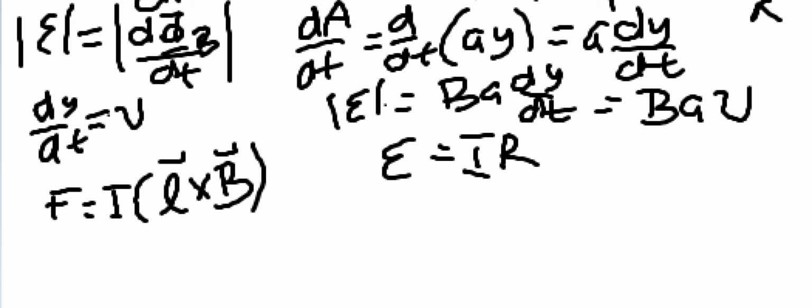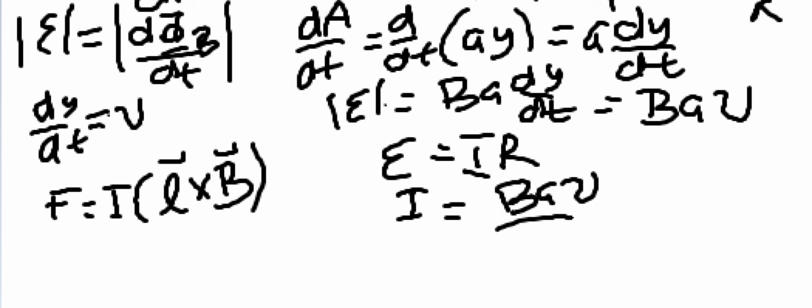And we want to isolate I because we want to substitute that here. So I is equal to EMF over R, which is BAV over R. Again, I used an absolute value for the EMF. Let's not forget that. I'm just going to be consistent there.